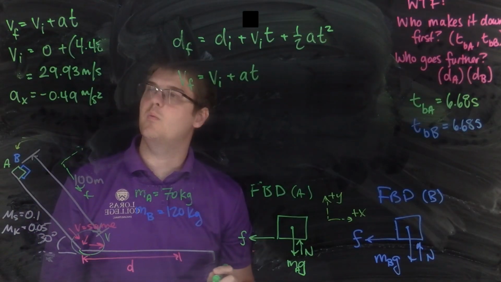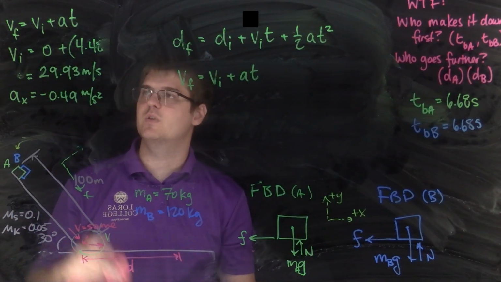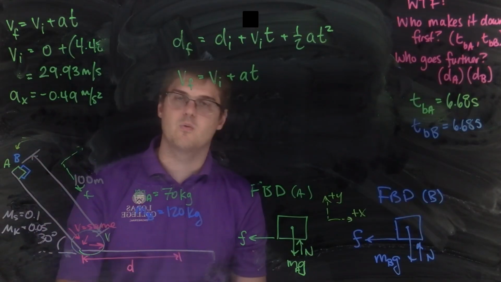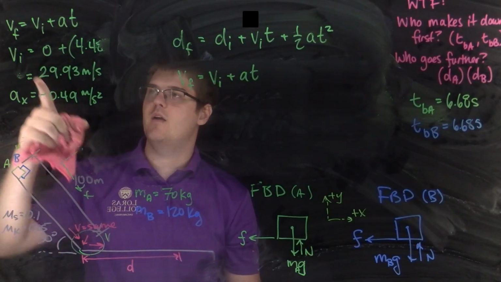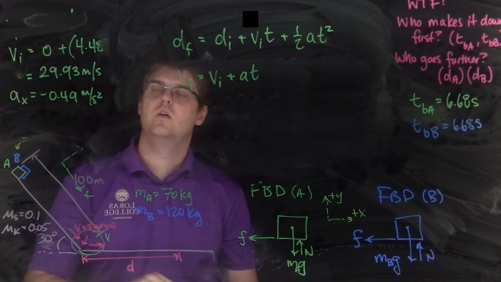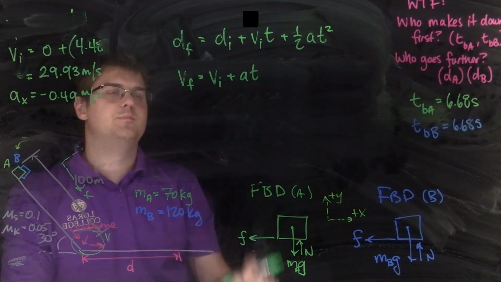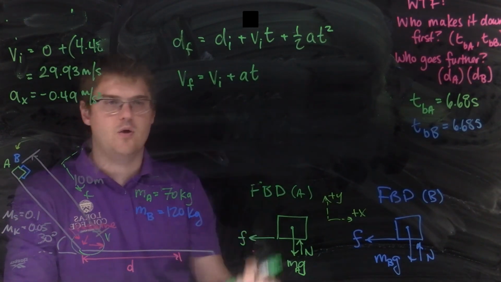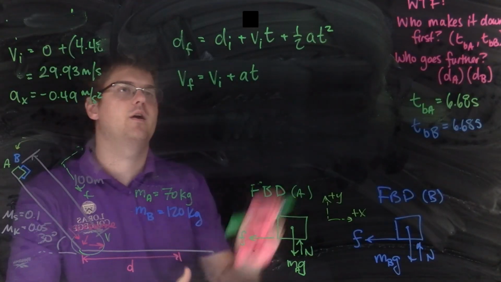So probably should be careful about final versus initial, but this is v initial because the v final going down is the v initial going forward. And I have my acceleration. I could figure out how long this is and then plug the time in up there.